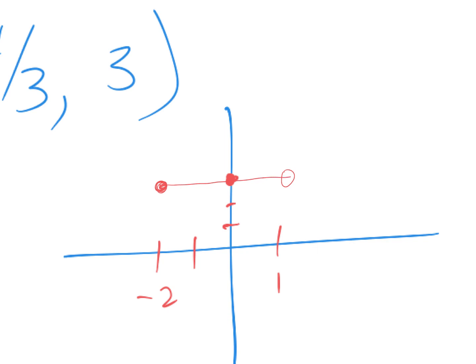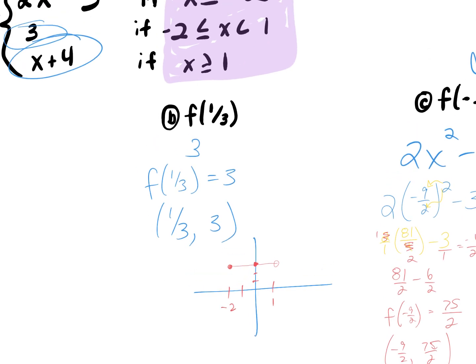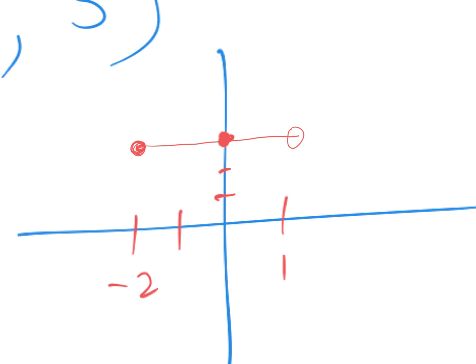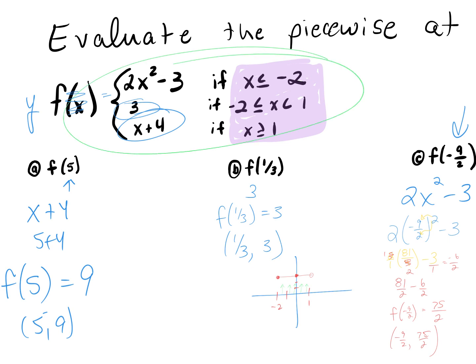Why is one dot open, one closed? Because the negative 2 is included, the 1 is not. What this is saying is anywhere that I give you on the x-axis along here, whatever x value I give you to look at, what's the y value? 3, that whole area. So tomorrow we're actually going to graph these things. We're going to kind of go backwards. We're going to graph these things, and then you'll be able to find out different x values. All right, does that make sense?